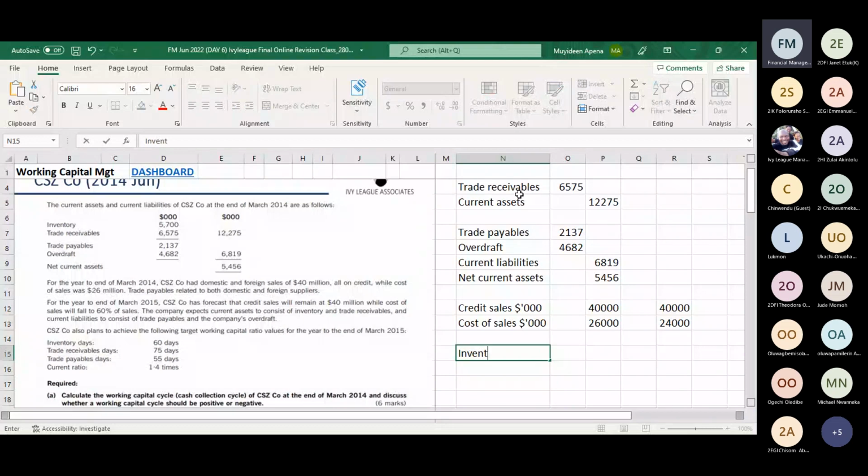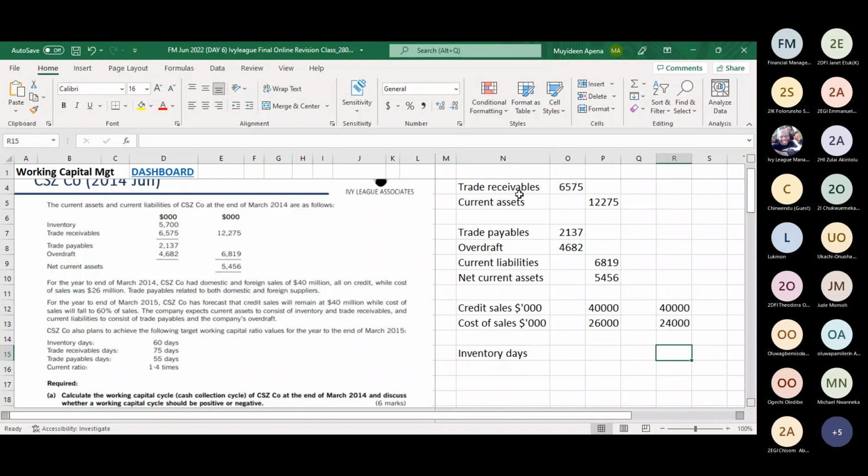Inventory days for the year 2015 should be 60. Trade receivable days expected to be 75.